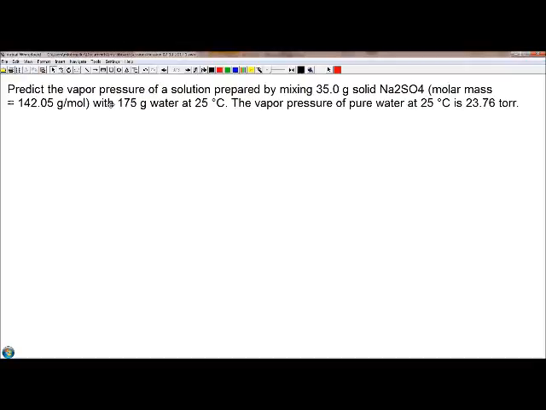So we're still going to be using our P solution. Let's figure out what our solvent and what our solute are. The problem asks for the predicted vapor pressure of a solution prepared by mixing 35 grams of solid sodium sulfate, for which I gave you the molar mass, with 175 grams of water. The vapor pressure of pure water at 25 degrees Celsius is still 23.76 torr.